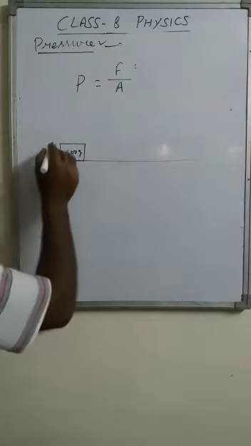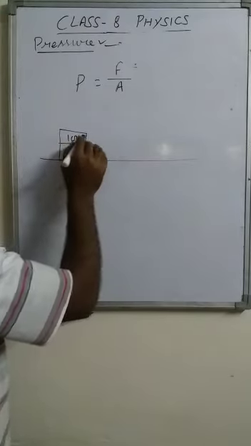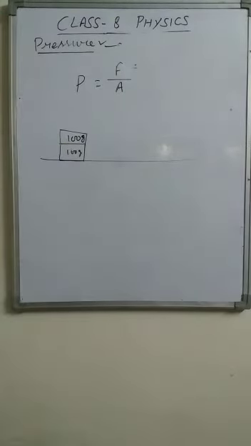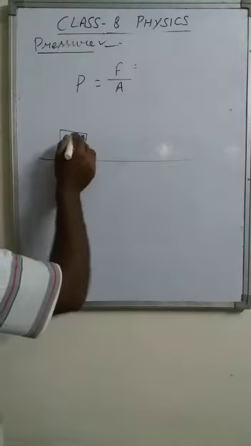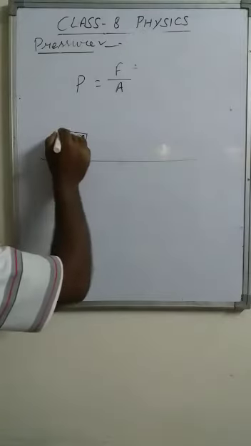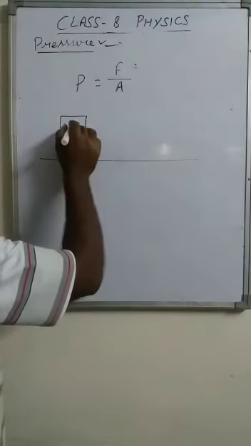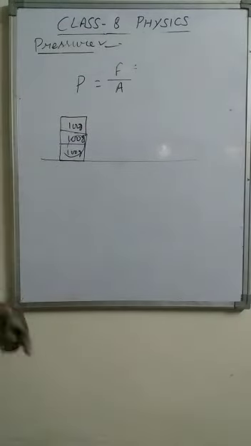Then if I put one more 100 gram, now the total is 200 gram. On applying force by 200 gram, the force definitely increases. If we put one more 100 gram, again you see the force increases.